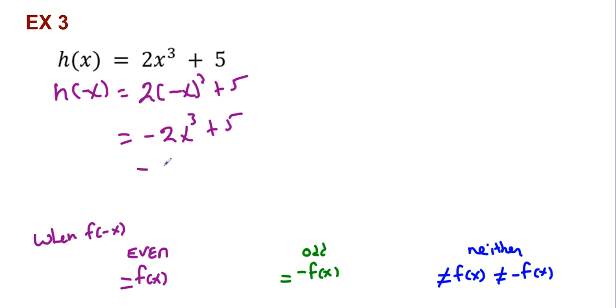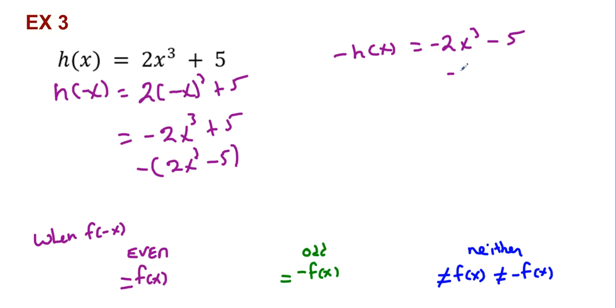So what happens if we pull out the negative 1? We get 2x cubed minus 5. Well, that's a bit of a problem, because negative h of x is going to equal negative 2x cubed minus 5, or if we factor that out, negative 2x cubed plus 5. They're not matching. We don't have anything that matches, so it's going to be neither.